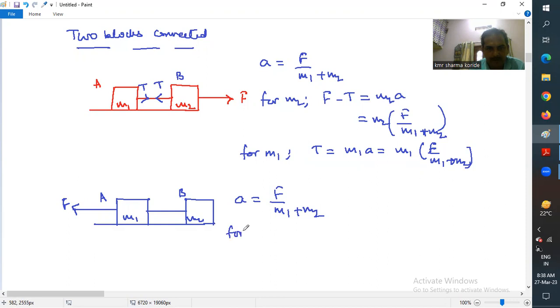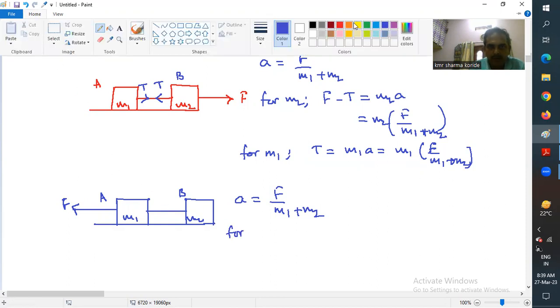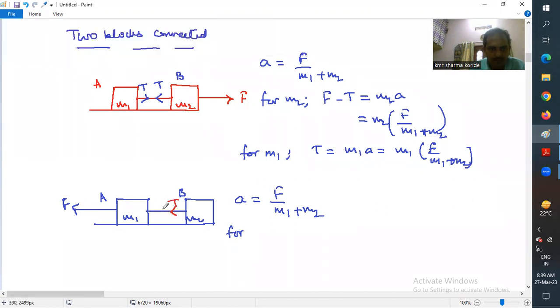So coming to the individual parts, here tension favors M2, but tension opposes M1. So therefore, for M1, force favors, but tension opposes. So M1A, M1 of F by M1 plus M2.